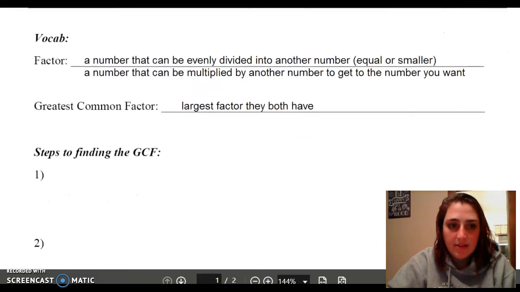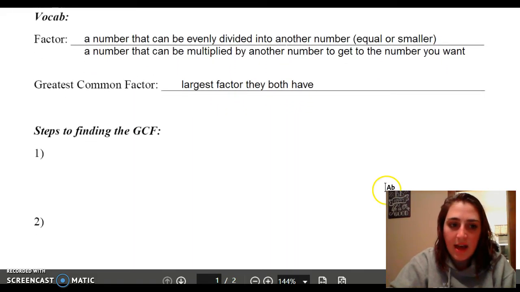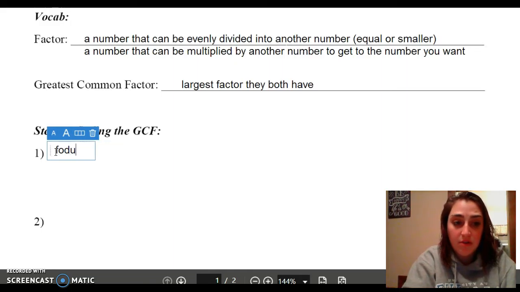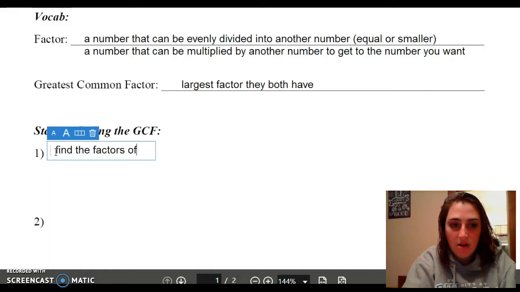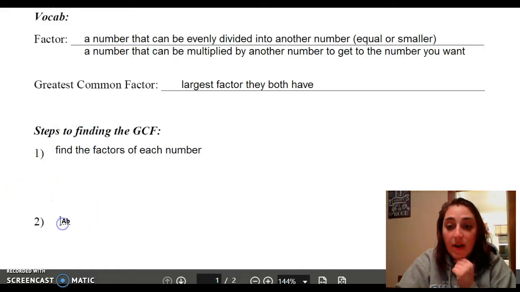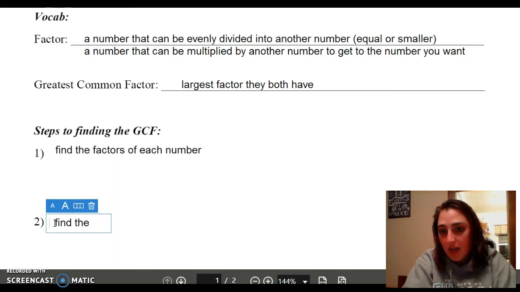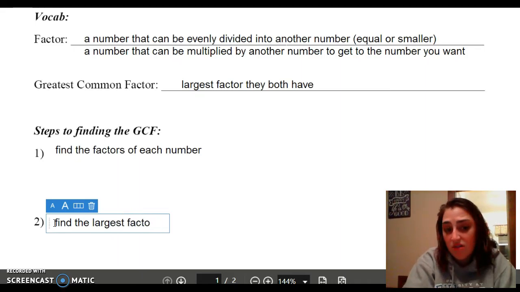And then steps to find the GCF. Okay, we're just going to write down what we did above. We find the factors of each number. And once we found the factors of each number, we find the largest number they share, the largest factor they both have.